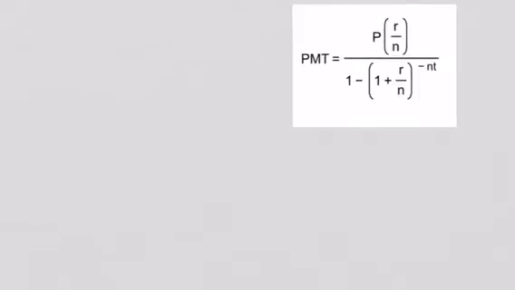Okay, and so if we do that, we have my PMT equals my P, my principal amount, which was the amount that I had to get mortgage, which was the $179,200, times my rate, which was 7.5%, so which is 0.075.